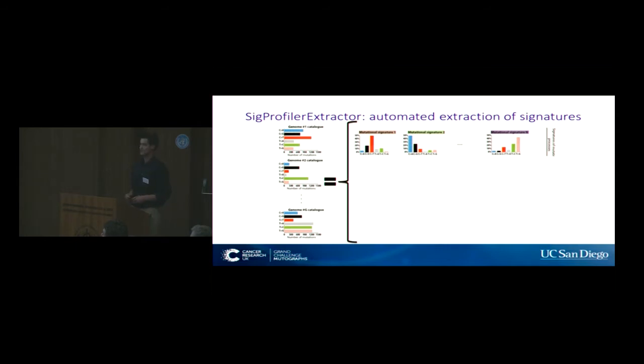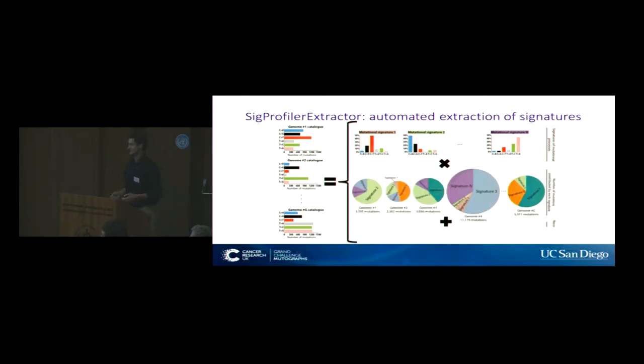It will also provide a weight, so how much each signature is acting per sample, along with a reconstruction error. And so it performs several iterations, increasing the number of extracted signatures, and ultimately chooses an optimal solution for you, but you also have the ability to go in and select other solutions or dive deeper into those.